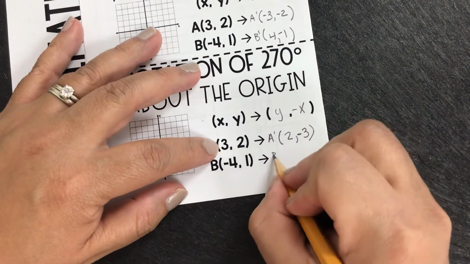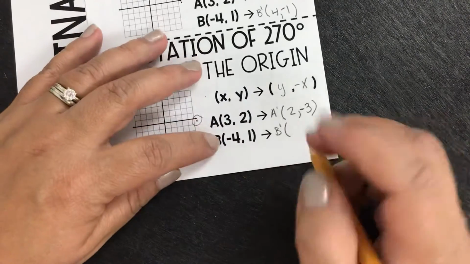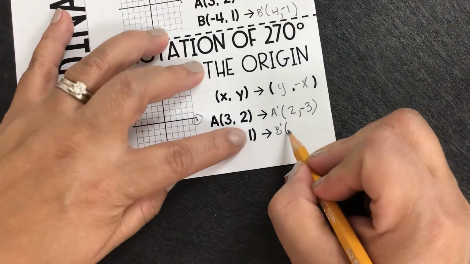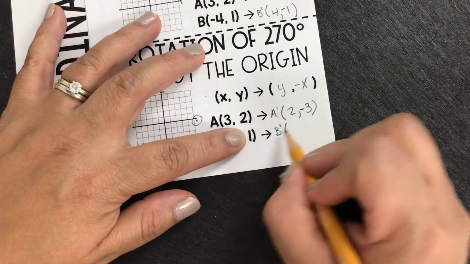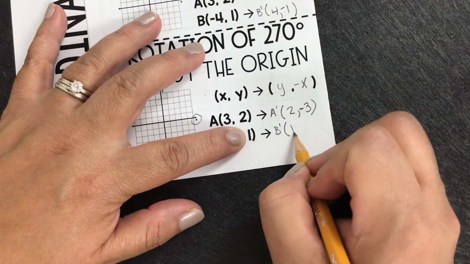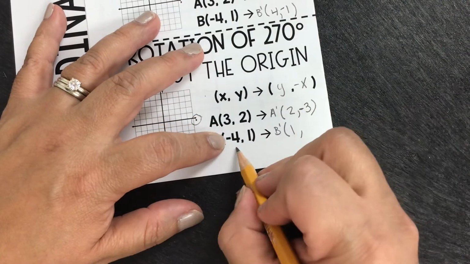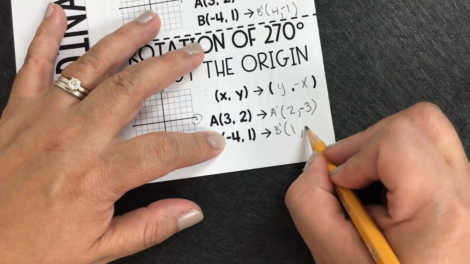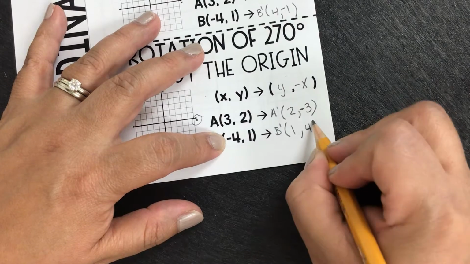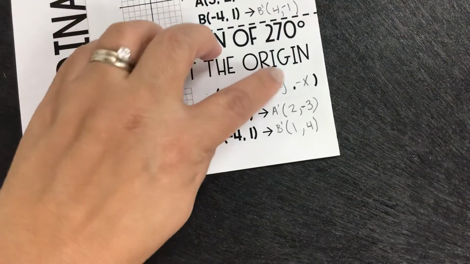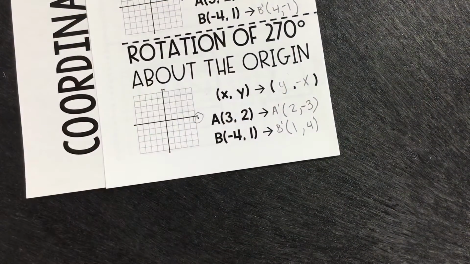So let's try again with B prime. We're going to change the order, so the old y goes in front and you leave the value the same, and then you change your x value: you take the x and you change the sign, so negative 4.